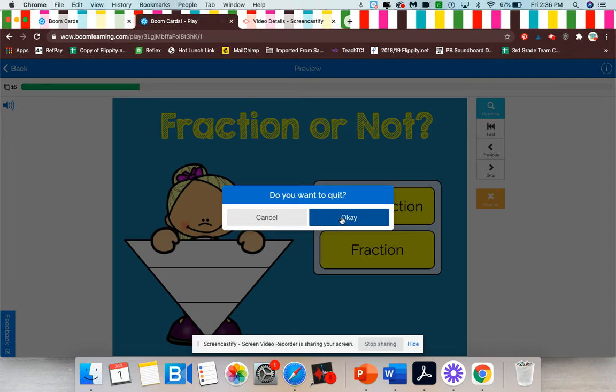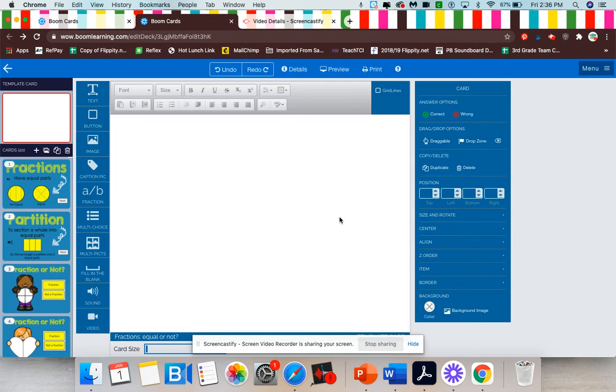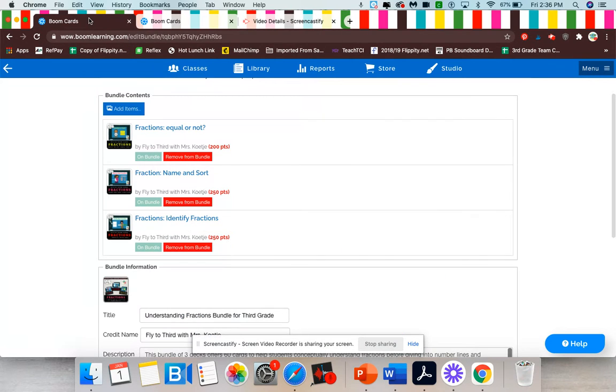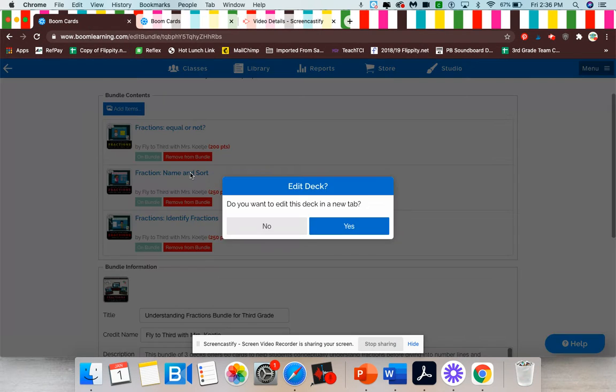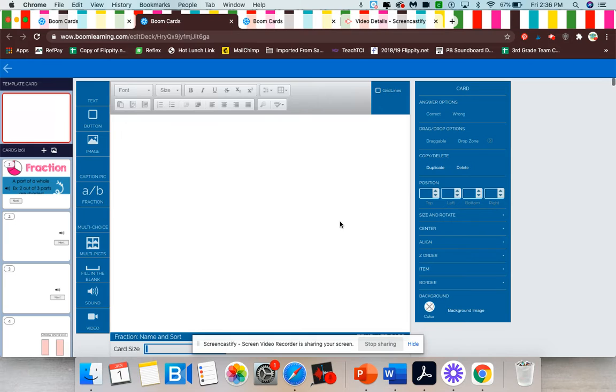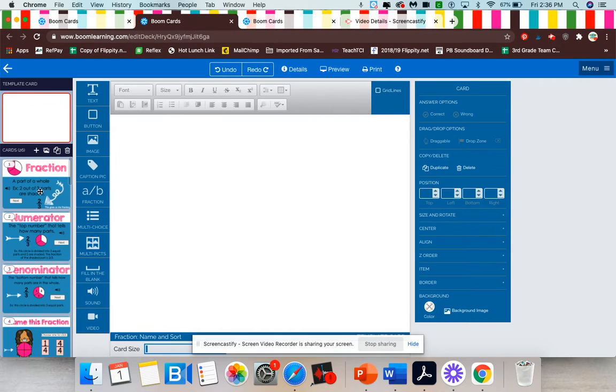This is kind of simple, and it could even be used all the way down into first grade for fractions, but then I get into a little bit more with name and sort fractions. And so just reviewing again in third grade what these fractions are called and how they're divided and some different terms.